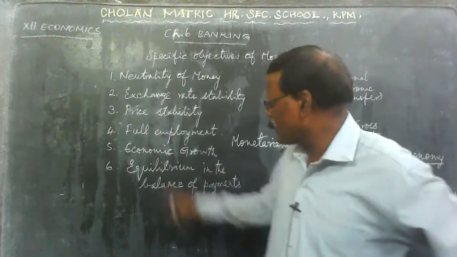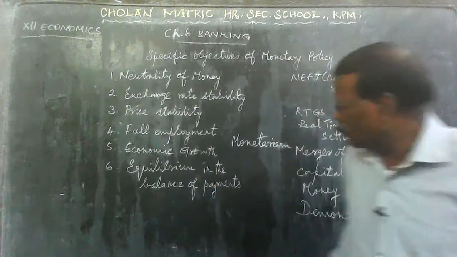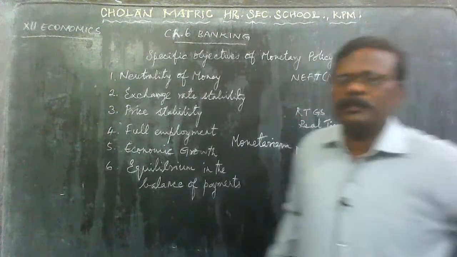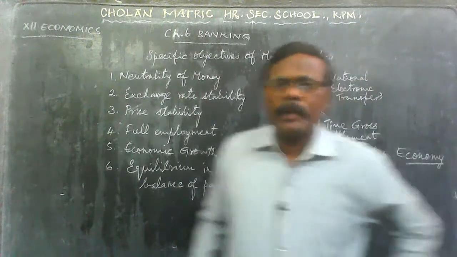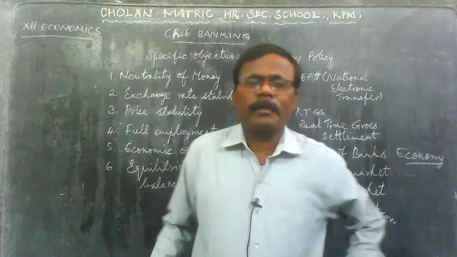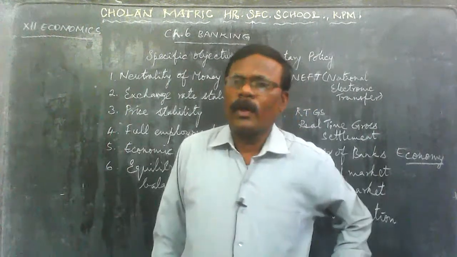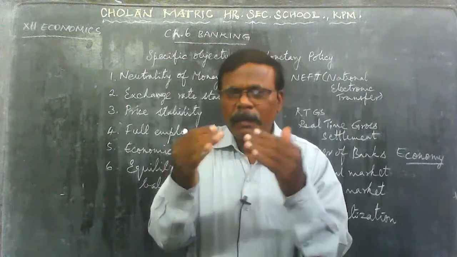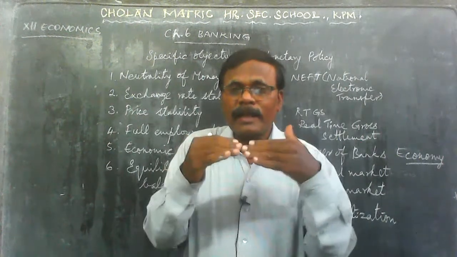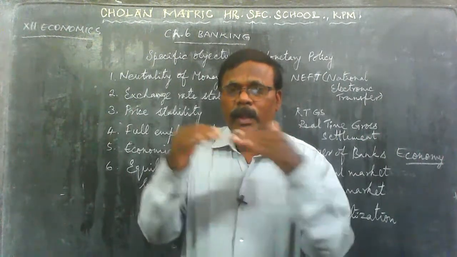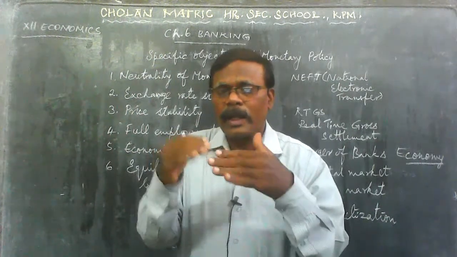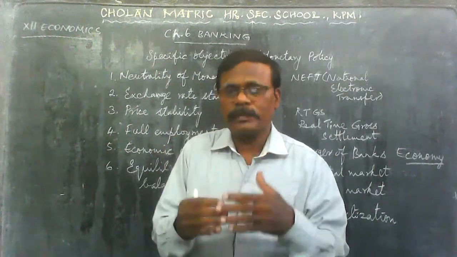And the last is equilibrium in the balance of payments. Equilibrium in the balance of payments is also one of the objectives of monetary policy, which brings the balance between the goods and services and the payments.